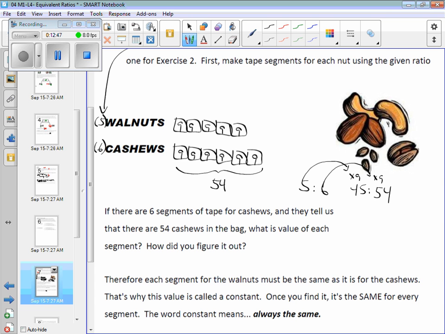So 5 to 6 is equivalent to 45 to 54 with a constant of 9. We good? Very similar to what we did in lesson 3, just a different way that we are showing it, or a different way that you might see it in a word problem.